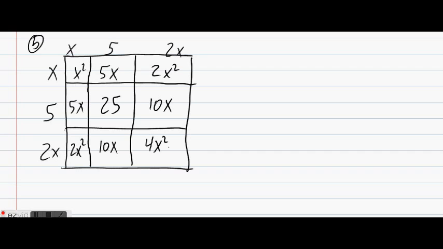Now let's keep track of everything that we've used. Alright, so x squared. Let's write it down. And then 5x. But if you notice, there's actually 2 of them. Do you agree? Alright. So 2 times 5x. And then if we look at 2x squared, there's actually 2 of those.